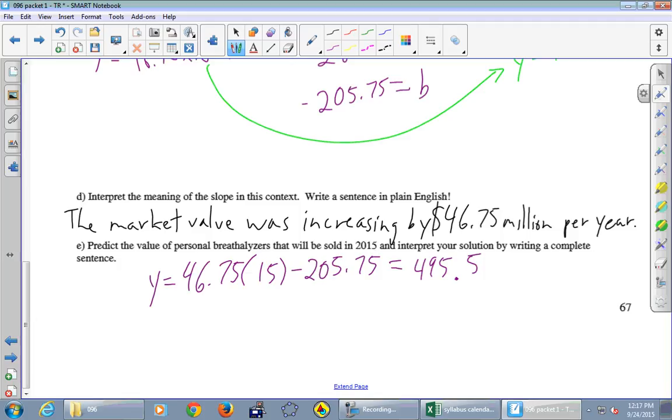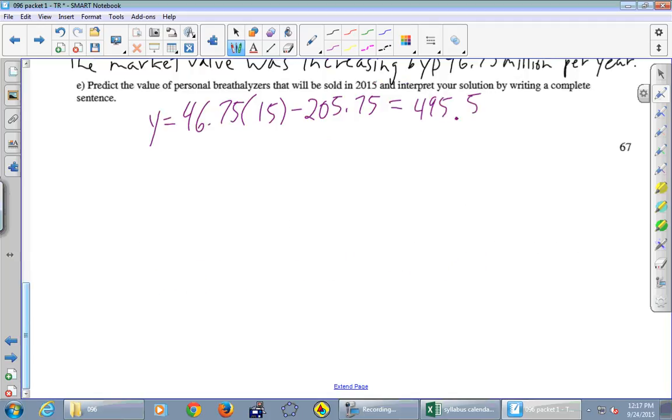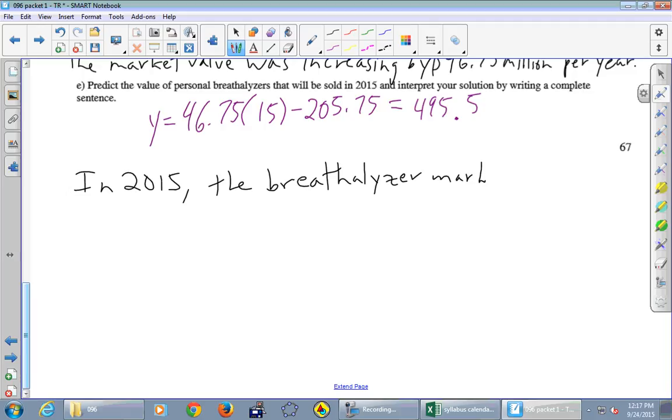Yeah, there's just one extra word I was looking for, and that's million, right? So 495 is our answer here, but in the context of the problem, it's million. Okay, so any variation on either of those sentences sounds good. In 2015, the breathalyzer market will be $495.5 million.